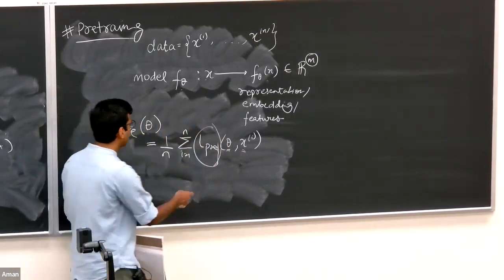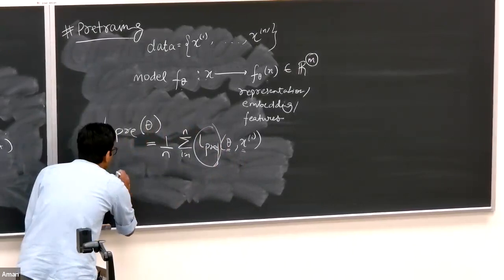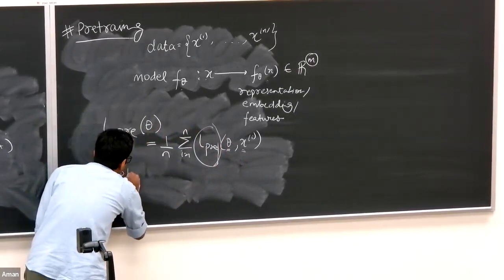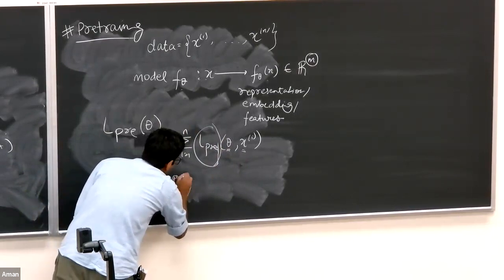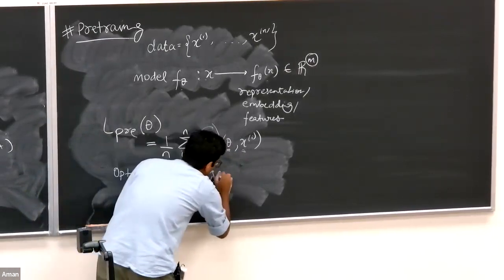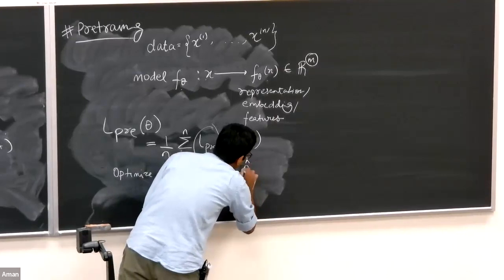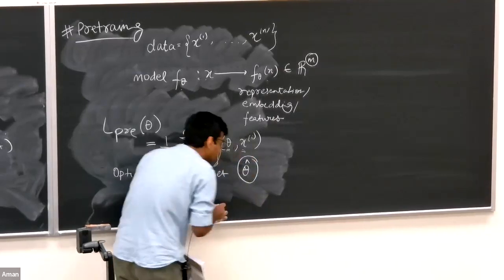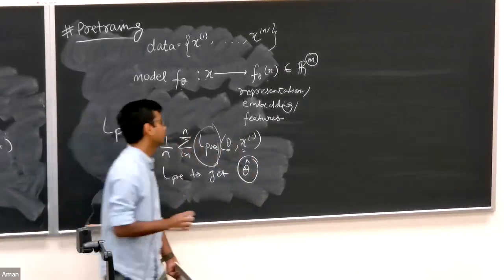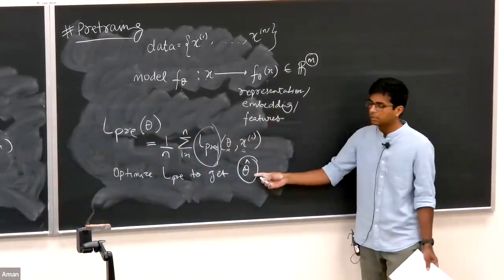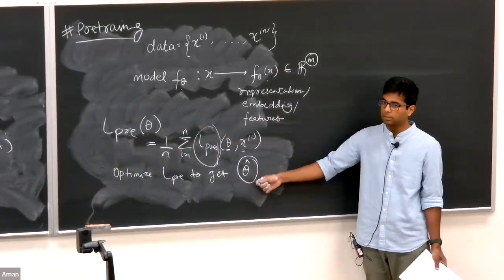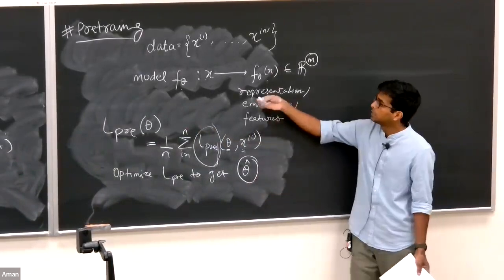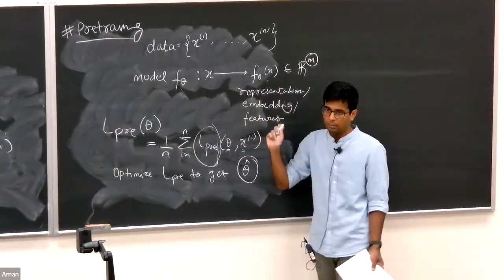Once you optimize this, you get theta hat, which we call the trained parameters. So these are the trained parameters of the model. Once you train the model, you get the optimal parameters theta hat, which can then be used to embed the data.